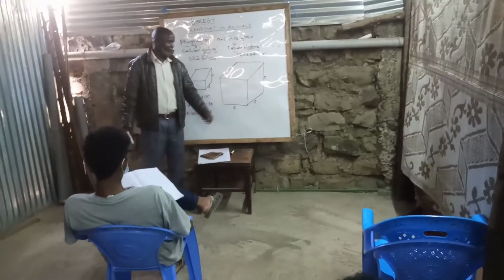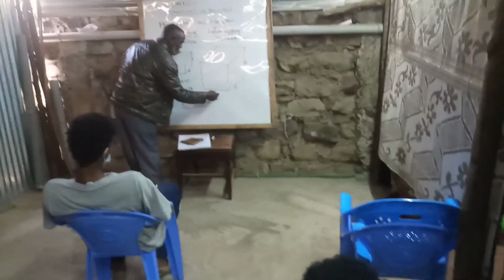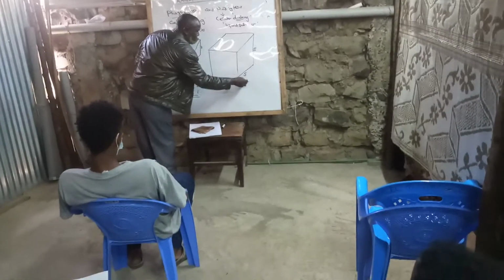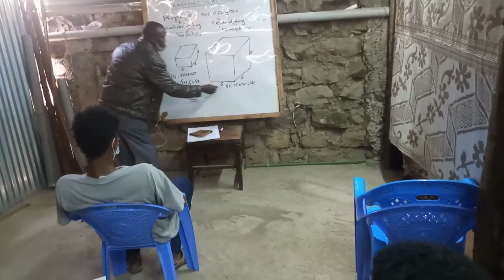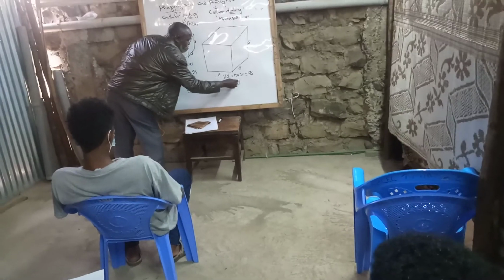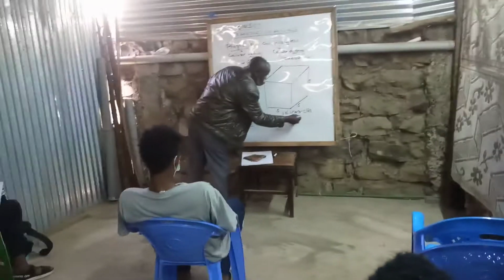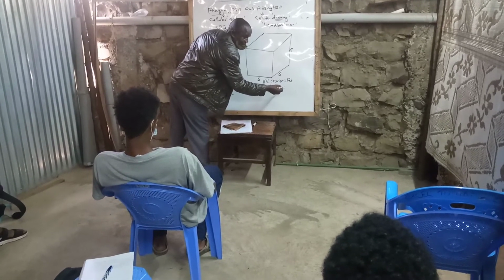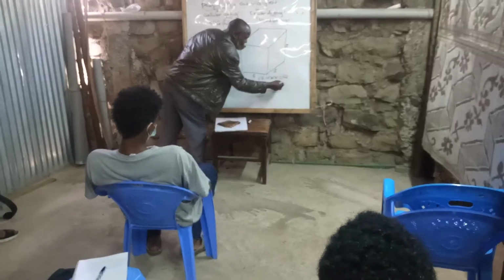Let's look at the surface area to volume ratio of this other one. The volume is 5 by 5 by 5. That gives us 125. What is the surface area? We say 5 times 5 by 6. 25 by 6, is it 250 or 150? 150.